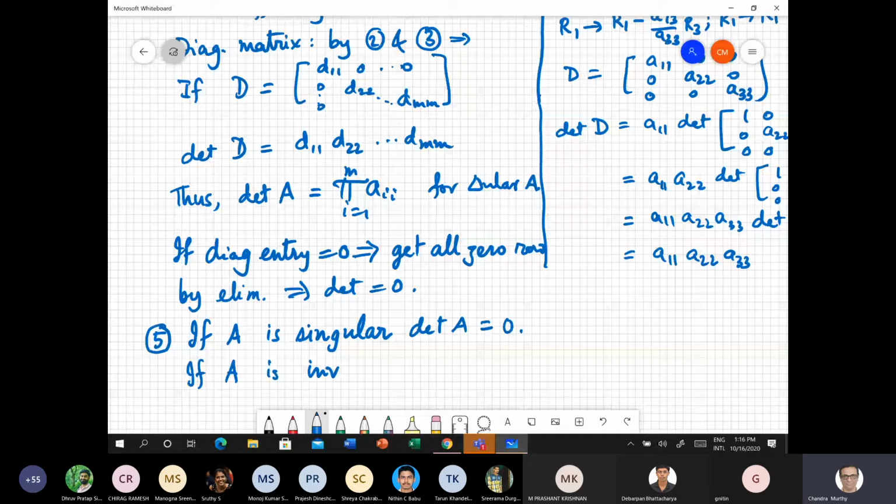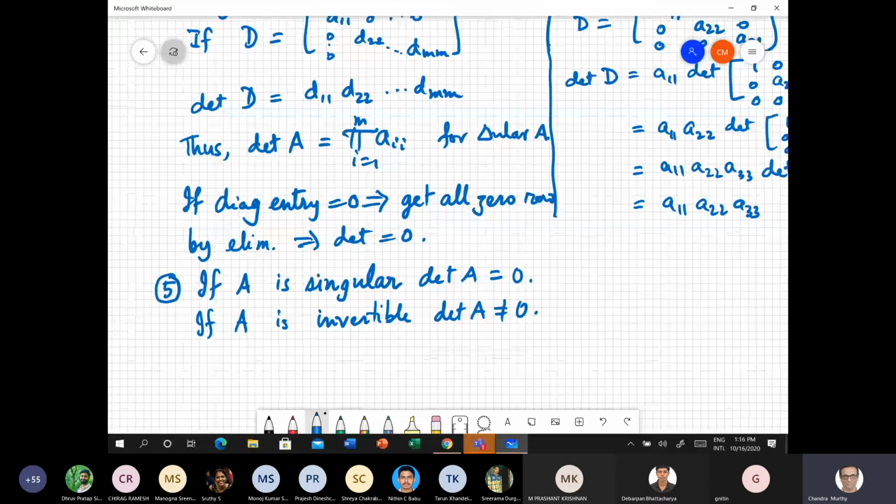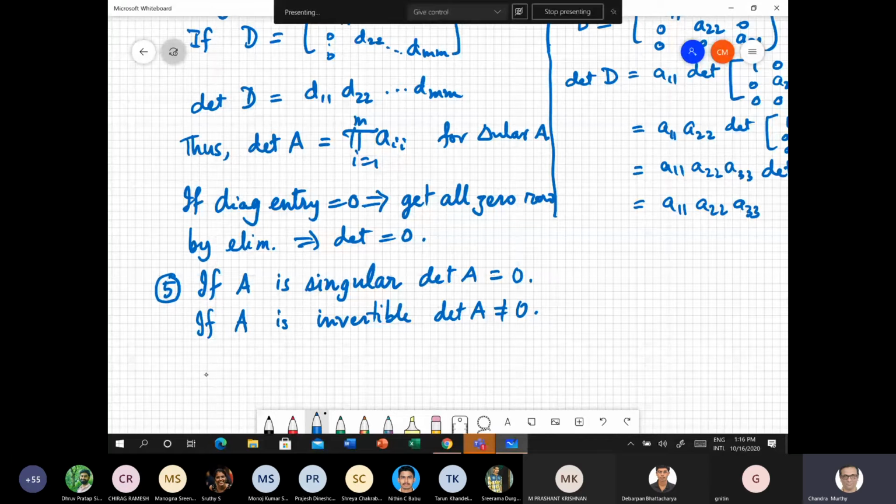Basically the idea is that if A is singular, then it has a rank which is less than m, which means that it has dependent rows. We will study this later, but you can compute what is known as an LU decomposition of a matrix, where L is a lower triangular matrix, the row reduction matrix which has ones along its diagonal, and U is an upper triangular matrix. I'll just make a small note on this.